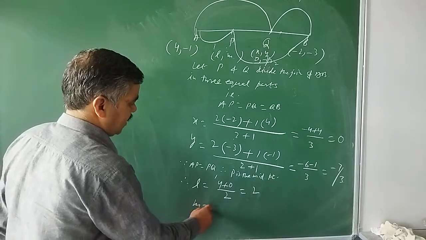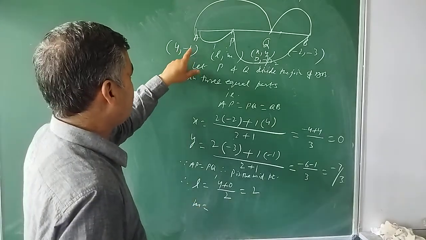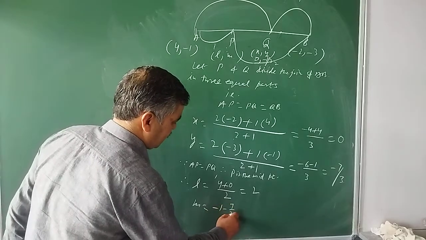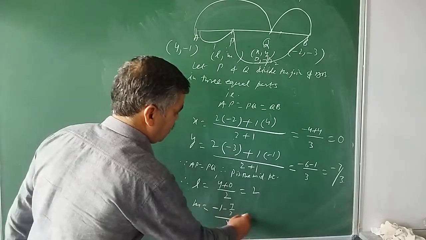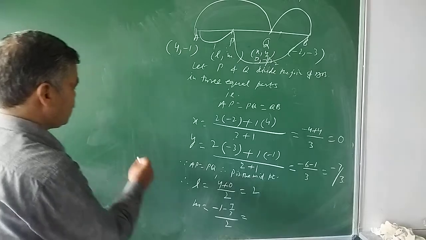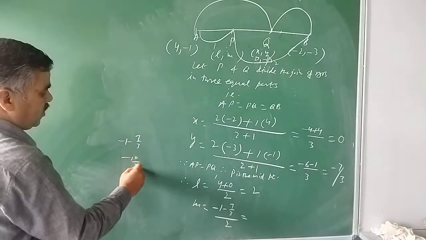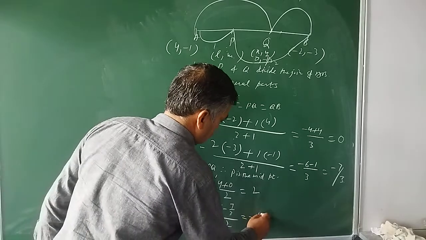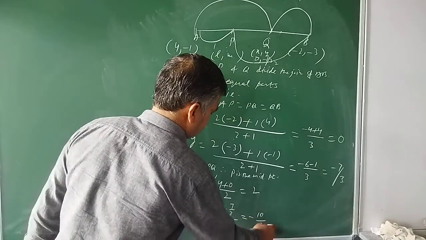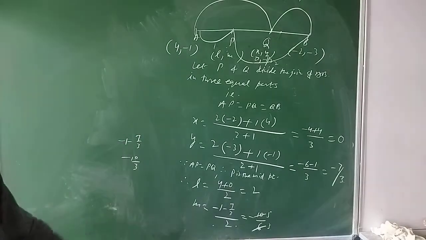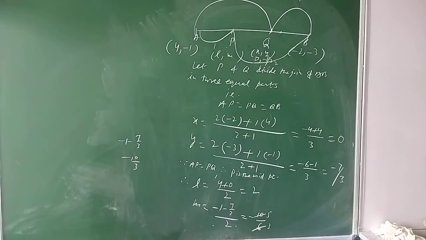And M will be equal to what? (y1 plus y2) upon 2: -1 minus 7 upon 3, upon 2. So that you can do the calculation. -1 minus 7 upon 3 is -10 upon 3, and then dividing by 2, the value of M will be equal to -5 upon 3.